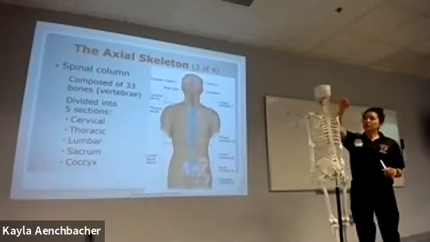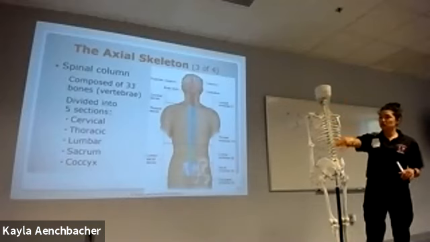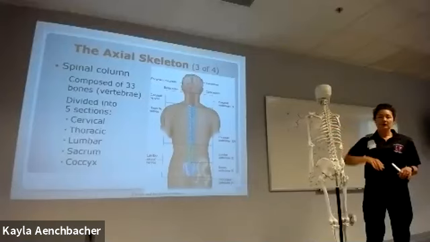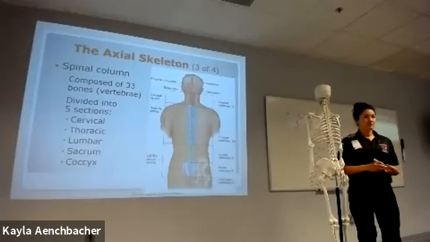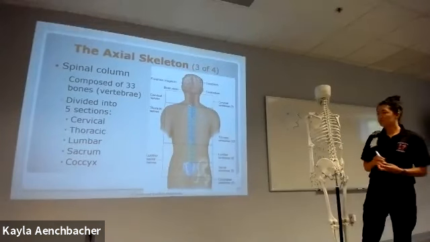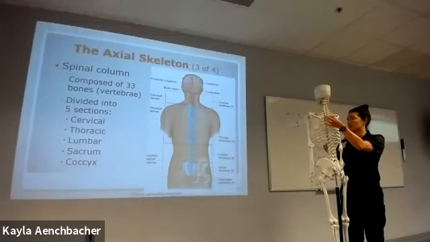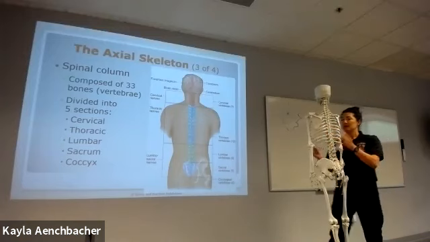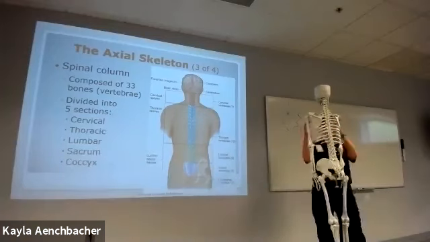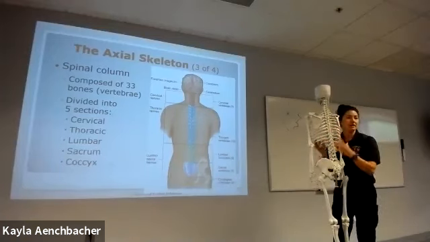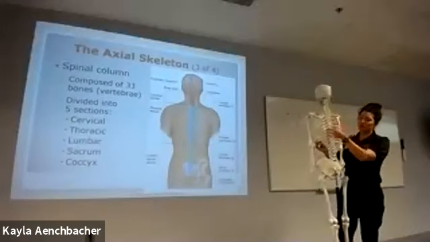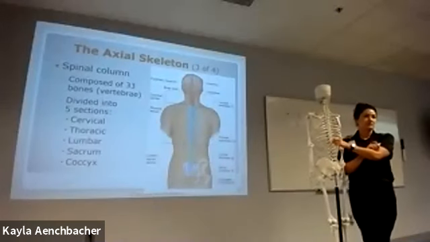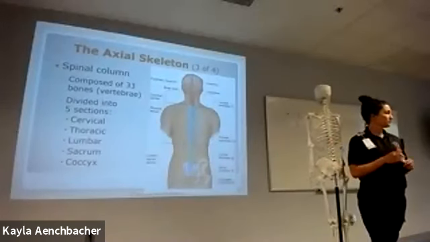Then we're going to move down to the next 12 vertebrae that create your thoracic region. You'll notice your thoracic spine and thoracic cavity both pertain to that particular area of the chest. So you've got your thoracic vertebrae, and then your thoracic cavity, but these next 12 are your thoracic spine.